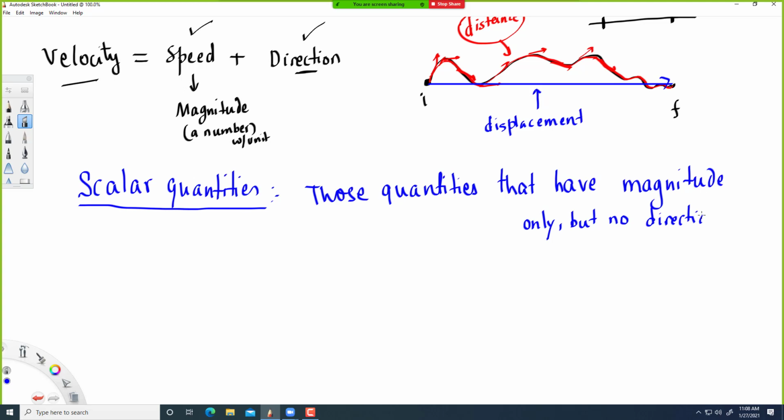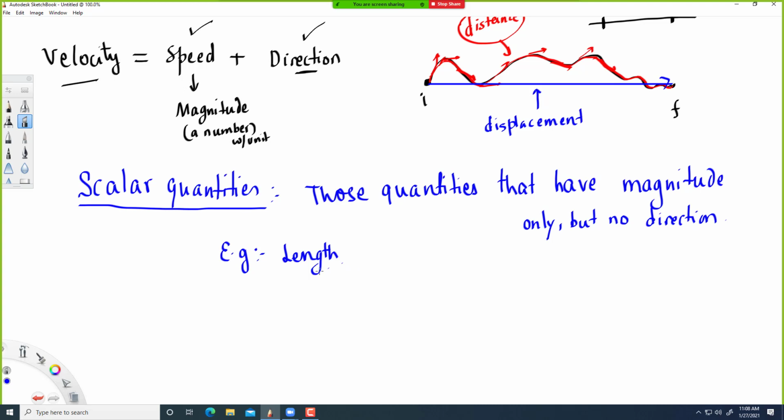So for example, length is a scalar quantity, because when you measure the length, you don't need to say 1 meter to the north or 1 meter to the south. You only need to say it's 1 meter or 1 foot or 2 feet, whatever unit you use, inch, something like that.